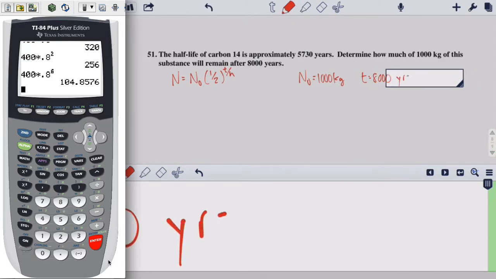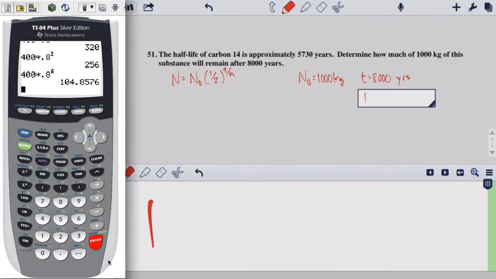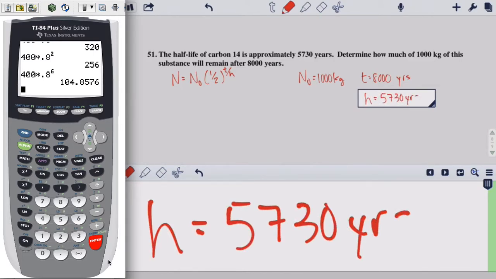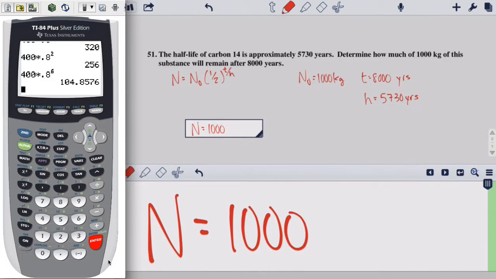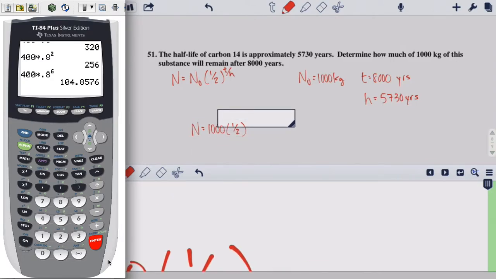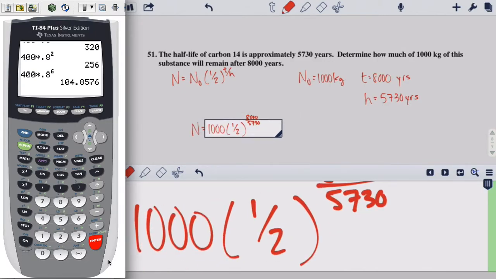Don't forget units. And then your half-life is equal to 5,730 years. So we plug in. How much do we have after 8,000 years? Well, we started with 1,000. We lose 1/2. t is 8,000 divided by 5,730.